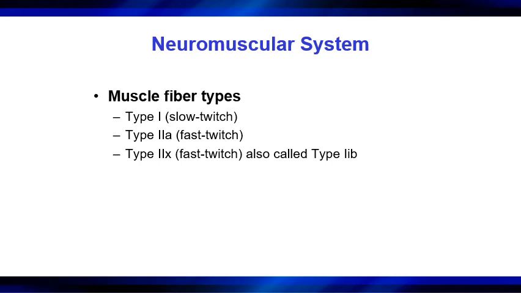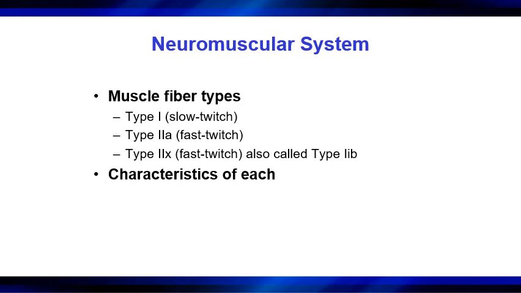But each one of these muscle fibers has different physiological and morphological characteristics that make them distinct in what they do. Now, for the purposes of this discussion, I'm not going to go through each individual characteristic. There's a table in your textbook, page 10, table 1.1.